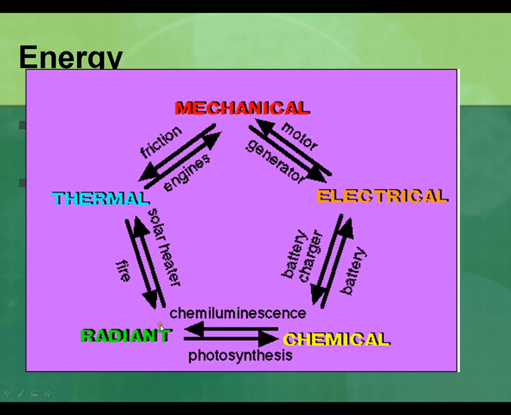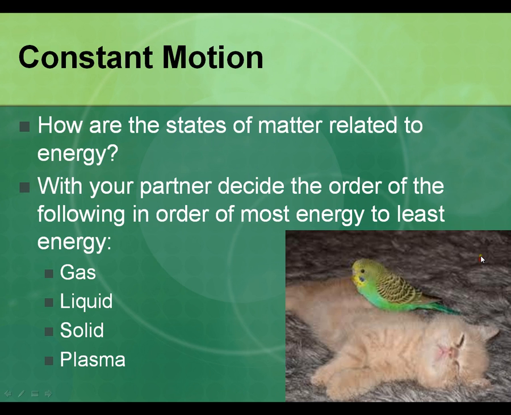And radiant energy is simply light energy. When we talk about photosynthesis, we'll talk about how sunlight is processed into chemical energy. So those are the 5 basic types.